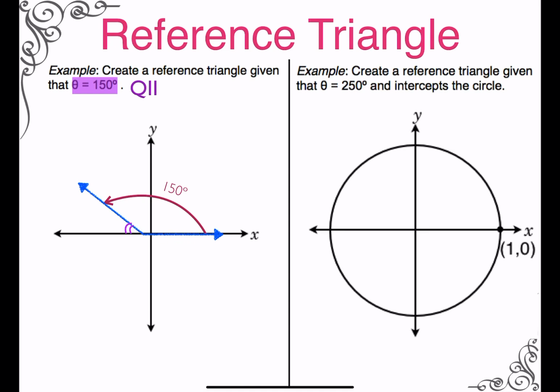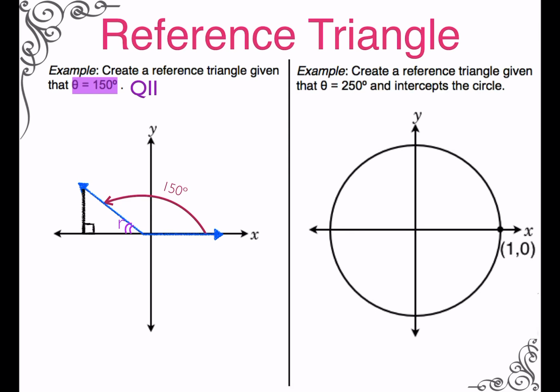The acute angle formed by that angle is 30 degrees. That's my reference angle. And to form the reference triangle, I'm just going to extend a vertical line down to the x-axis. That's my right angle. So now I've drawn a reference triangle given that theta equals 150.